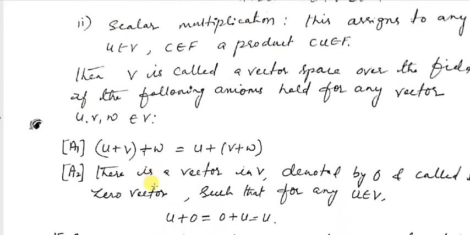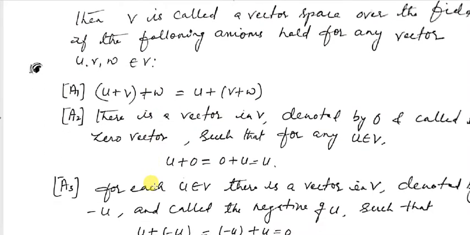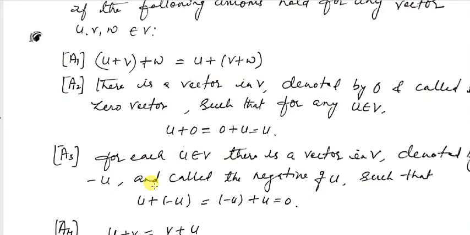Let us have the axioms similar to the field. Here we have to verify the same axioms with respect to addition and multiplication. Number one is associative: u plus v plus w is equal to u plus v plus w.